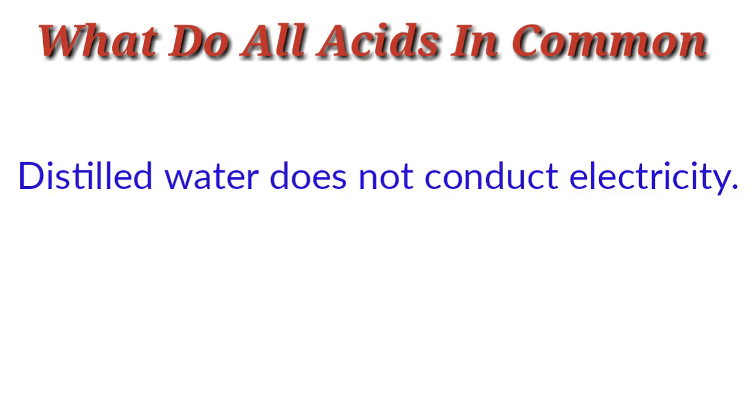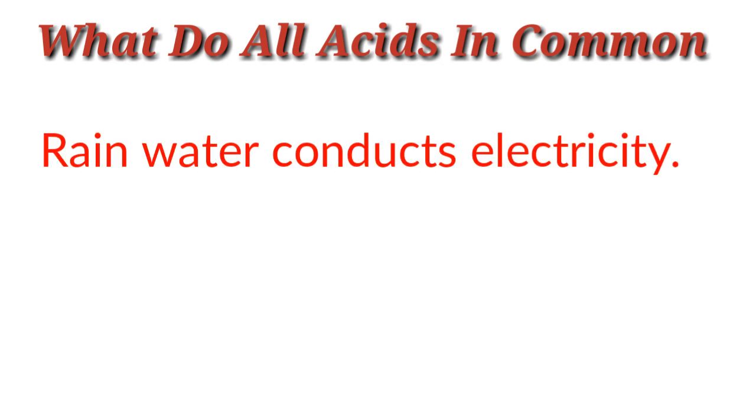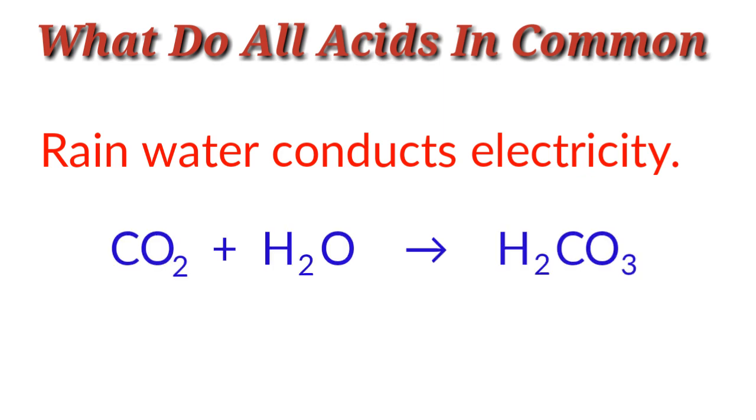Next one. Distilled water does not conduct electricity because it does not contain any ionic compound dissolved in it. But rainwater conducts electricity. The reason is that when rainwater falls to the earth through the atmosphere, carbon dioxide from air gets dissolved in water and forms carbonic acid. That is H2O plus CO2 giving H2CO3, that is carbonic acid.